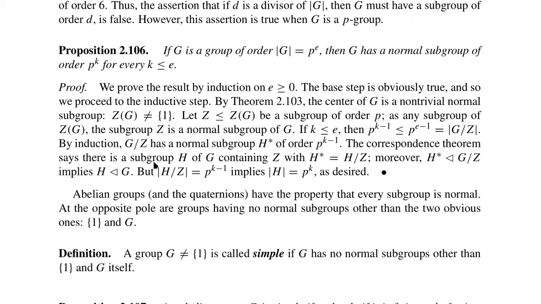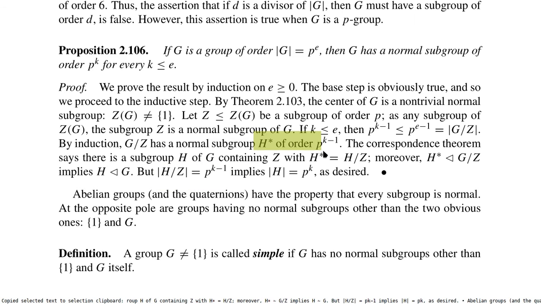But we know that this has order P to the K minus 1 because of the definition here. So that implies the order of H must be P to the K as we need. Okay. It's kind of straightforward enough, you just need to detail a few things out.